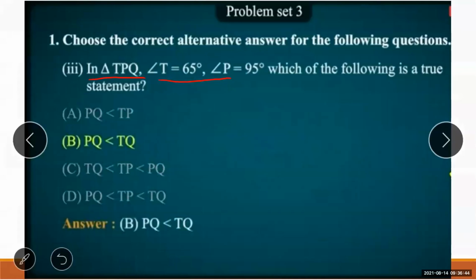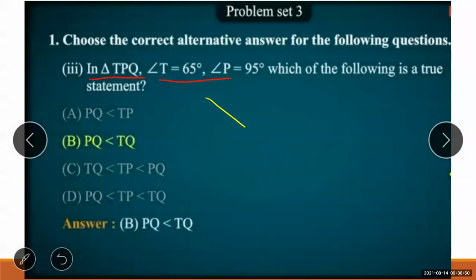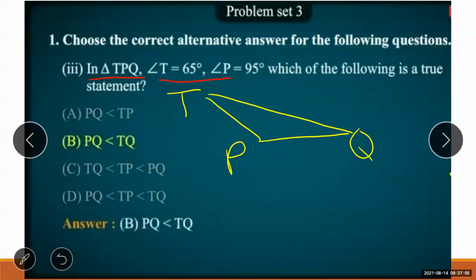So P is the greater angle, 95 degrees, then the next vertex is T, and the last vertex is Q. So that is the given triangle. P measures 95 degrees, T measures 65 degrees.